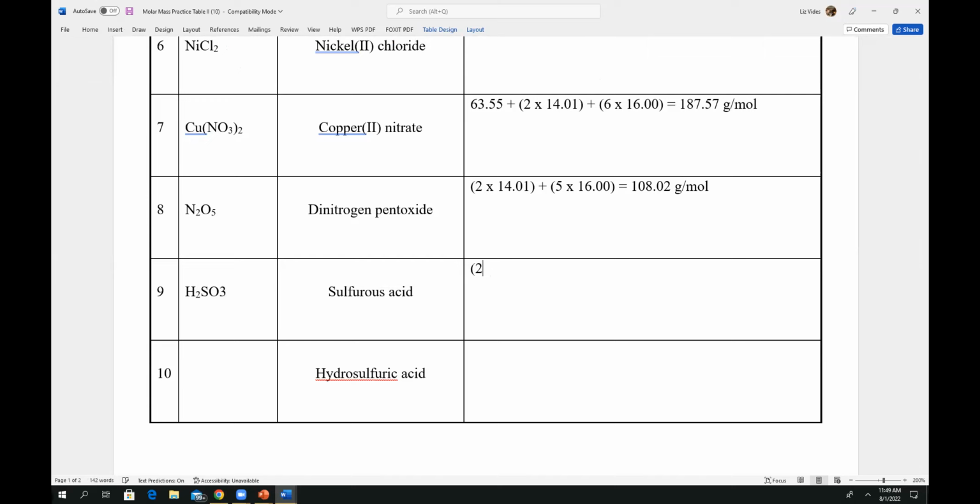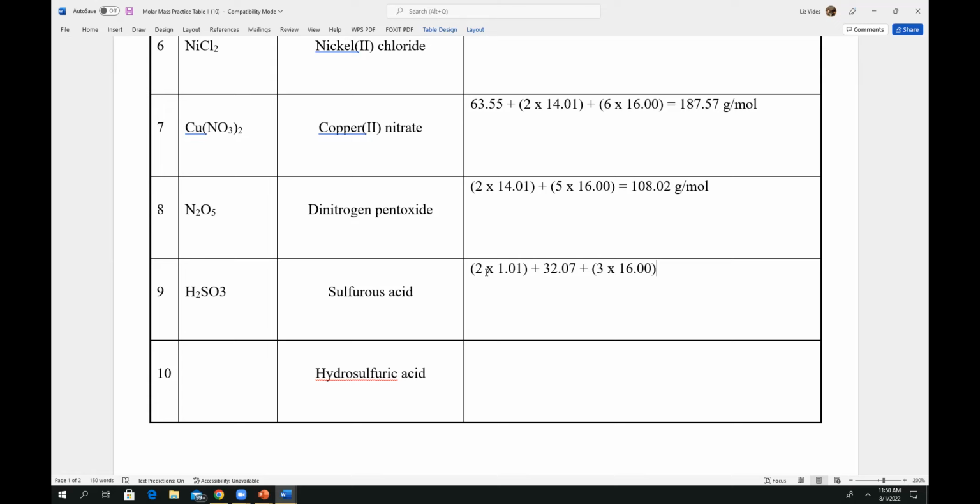So we got 2 hydrogens times 1.01, and we have to add it to 1 sulfur at 32.07, plus we have 3 oxygens times 16.